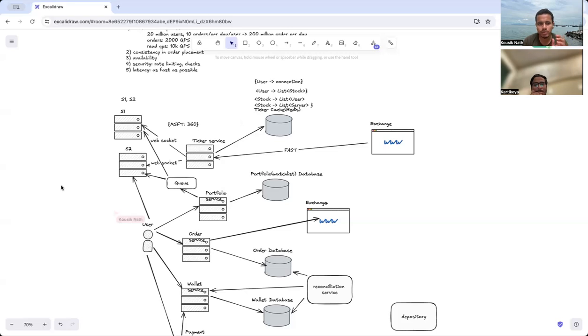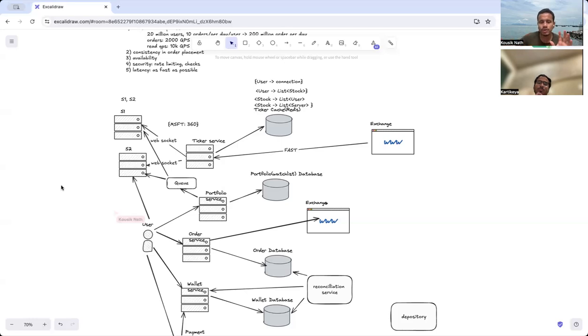S1 and S2 are pushing data to the user, and primarily the data is nothing but the ticker values. That's it. And let's say that for now we have the queue. If a new user connects to, let's say, S3, and meanwhile tries to subscribe to some watch list or portfolio or execute some order, it will be a different connection.